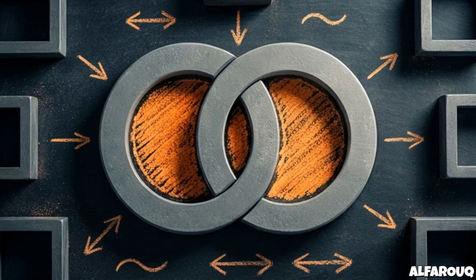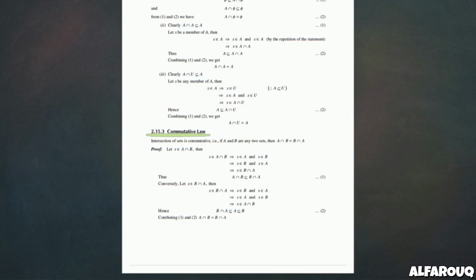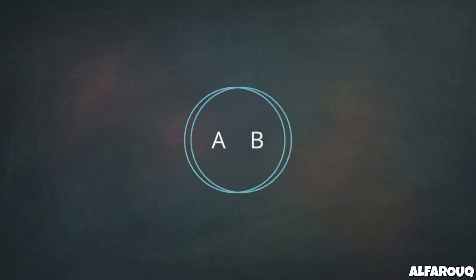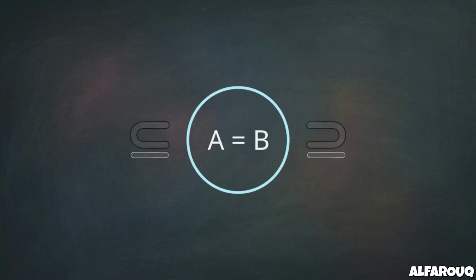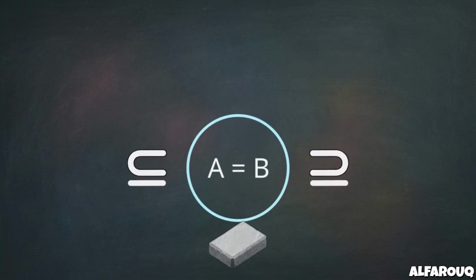The exact same logical steps map directly onto your work in Chapter 2, Set Theory. Here we see the commutative law for sets, which states that the intersection of A and B is equal to the intersection of B and A. Let's prove it. In set theory, to prove 2 sets are exactly equal, there is a specific rule. You must prove that each set is a subset of the other.